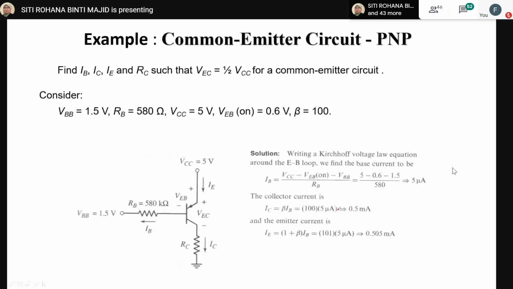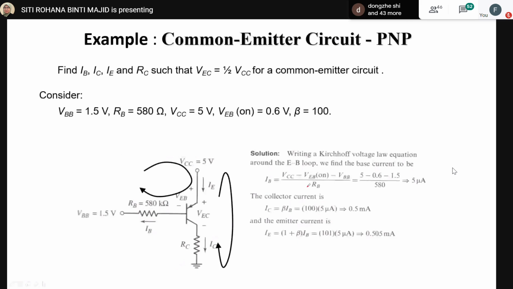Okay, you will use IC equals beta IB. You need to use IE equals one plus beta IB to calculate the IE. And also for IB, you need to get the potential over the resistor. But you have to check which part is input and which part is output.